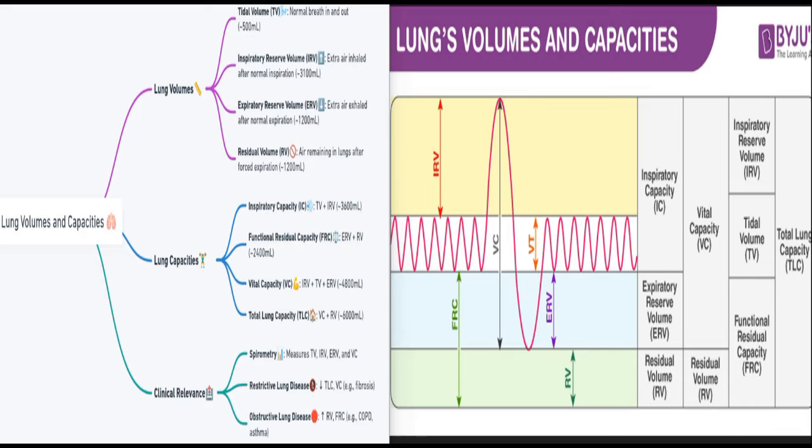When you calculate the functional residual capacity, it's the volume of air remaining in the lungs even after normal respiration, and it comprises several volumes. So the expiratory reserve volume and the residual volume, which is 1.3 liters plus 1.2 liters, makes 2.5 liters. The next step is the oxygen content in each condition.